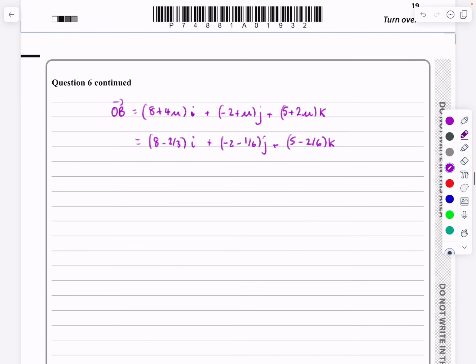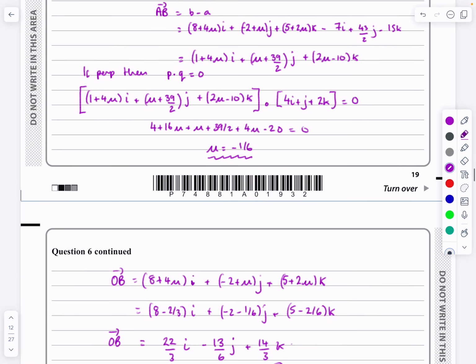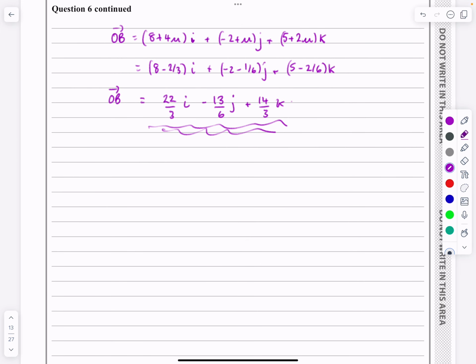and then tidying that all up, as I've said about most of the answers going through here, in the exam I'd be a bit worried if I got these values. This is actually correct, but I think the examiners could have helped us out a little bit by maybe saying show it's equal to something like that, and at least I would have been a little bit happier with what I've got. Right, now what do they want? They want the coordinates of that. So again, just check.